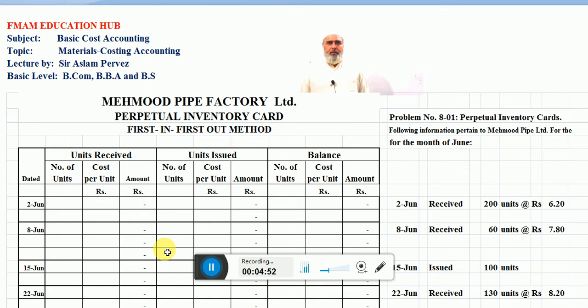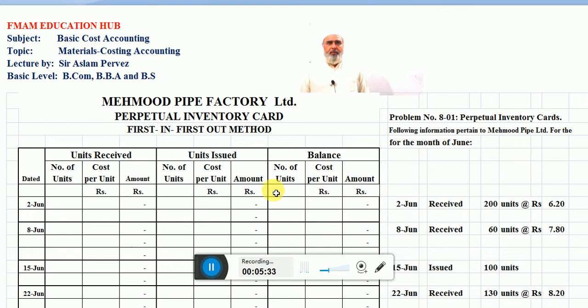Basically perpetual inventory cards has four main columns: first, dated column; secondly, units received column; third, units issued column; and fourth, the units which are in balance column.